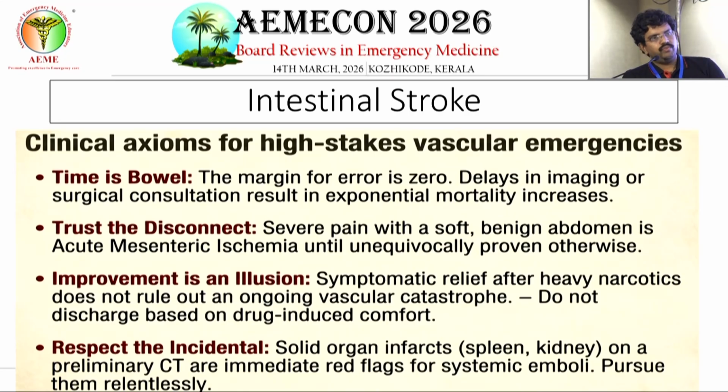But the other point of view, which the World Society of Emergency Surgery is saying, is that this is due to venous thrombosis or occlusion, which causes mucosal infarction, causing this initial hematochezia, and later when the bowel wall and muscularis are involved, there will be melena. So the cause is some thrombotic cause.